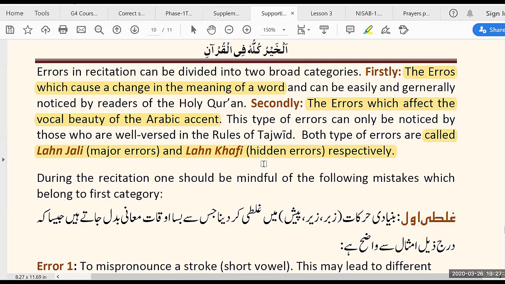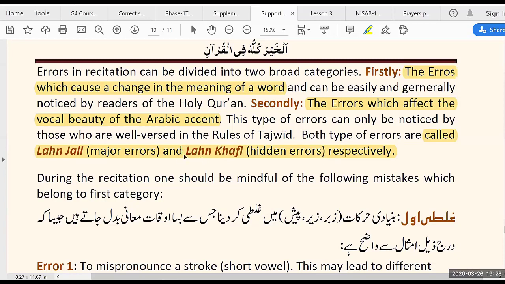If we prolong some letters. Okay, let me make this clear. The errors which cause a change in the meaning of a word are called Lahne Jali, major errors. And the ones which affect the vocal beauty are called Lahne Khafi, hidden errors.